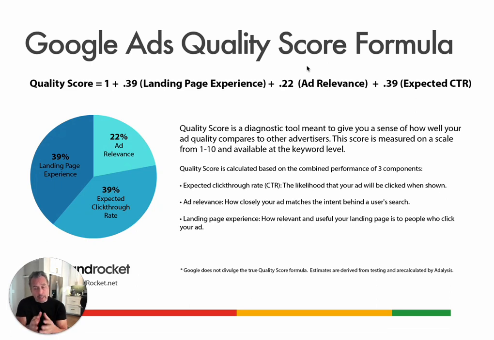So you could say, okay, if somebody is searching for physical therapy near me, then I want my ads to speak directly to that particular search. And that's exactly what we do when we build out the ads. So right out of the gate, we have a pretty good shot at getting those quality scores up and going just through the ad relevancy by the way that we have structured our ad groups.